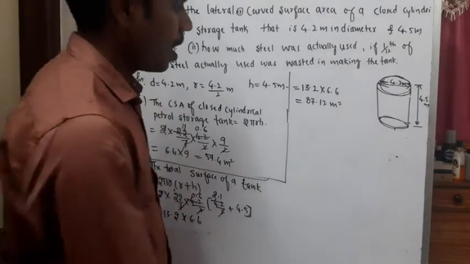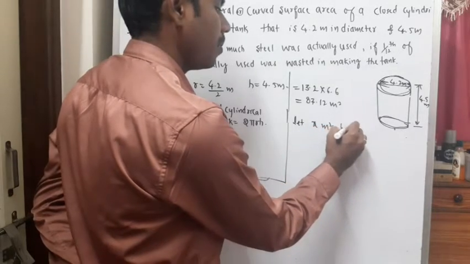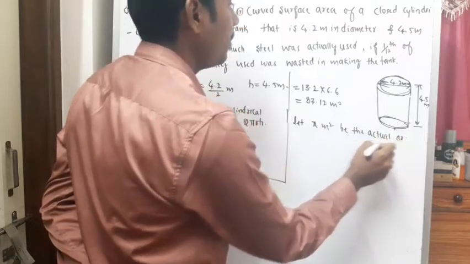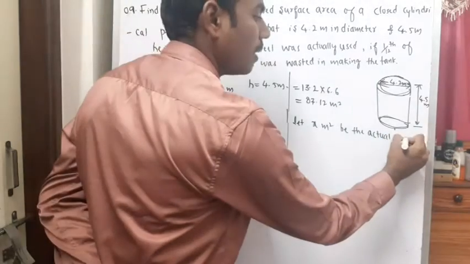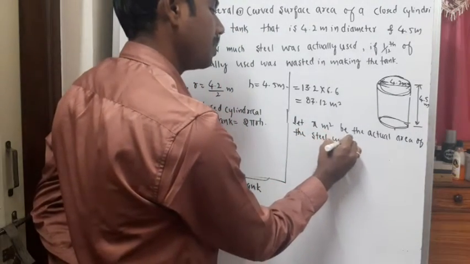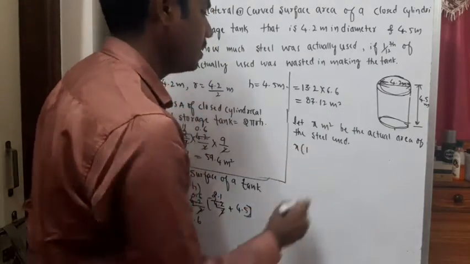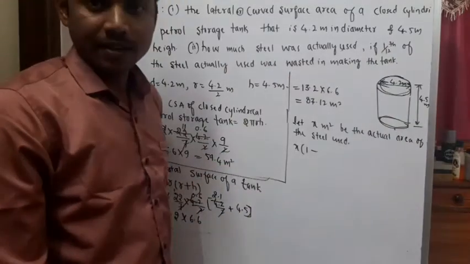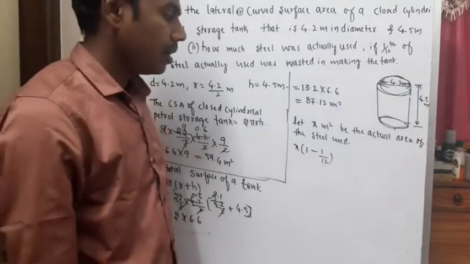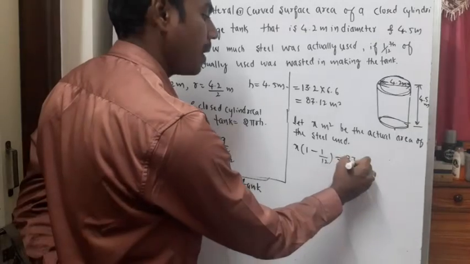Now, let x meter square be the actual area of the steel used. Then what we can write? x into 1 minus 1/12, because 1/12 is wasted while manufacturing this particular tank. So 1 minus 1/12 is equal to this 87.12.